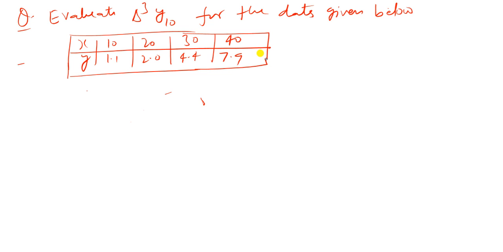So here I am taking another problem related to the forward difference operator. Evaluate Δ³ y₁₀, that is the forward difference operator Δ to the power 3 of y₁₀, for the data given below. The data given below means x arguments 10, 20, 30, 40.